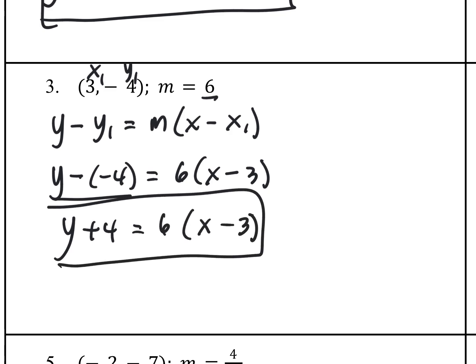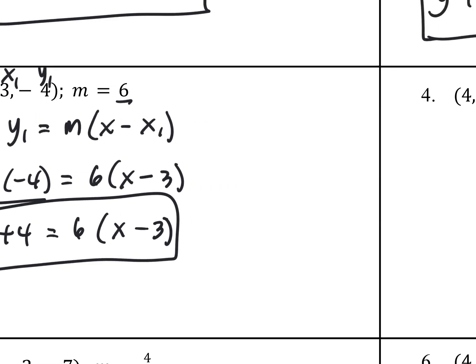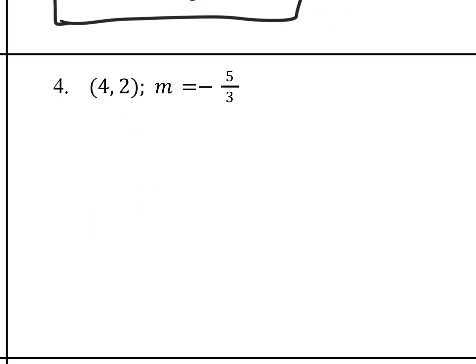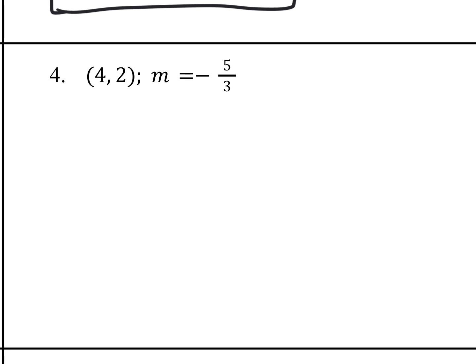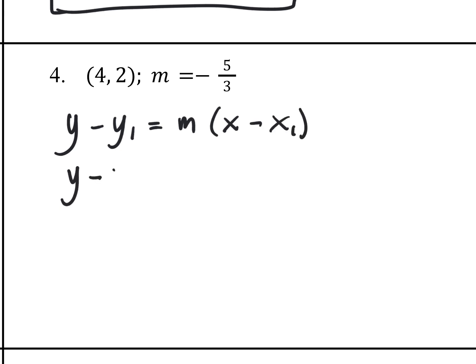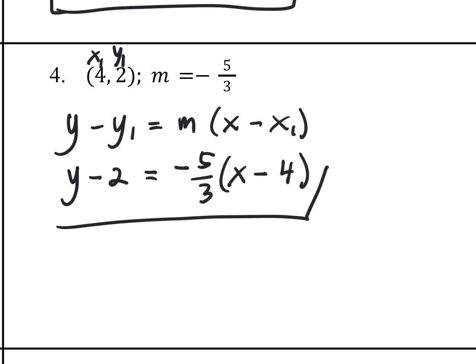This is our equation. Next one: (4, 2) and the slope is -5 over 3. Y minus y1 is equal to m times (x minus x1). It's going to be y minus 2 is equal to -5 over 3 times (x minus 4). That's your answer.